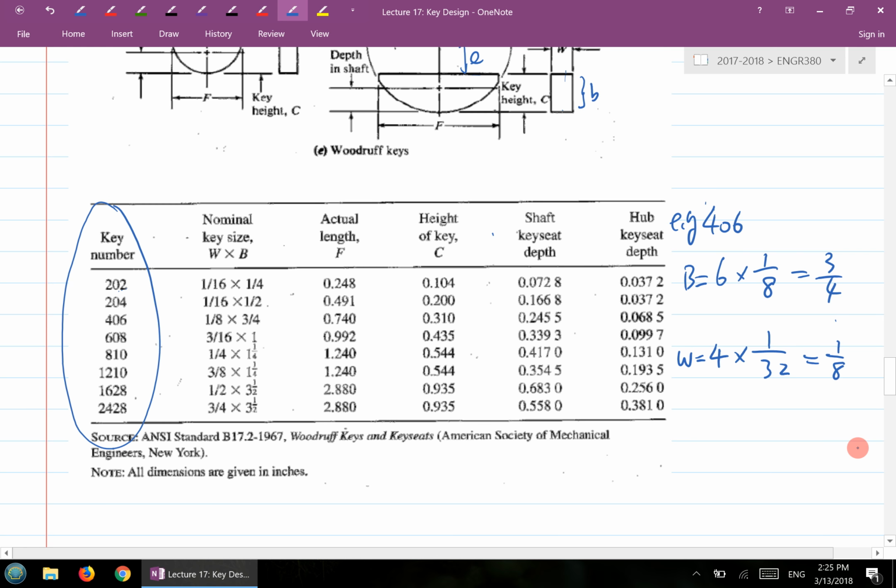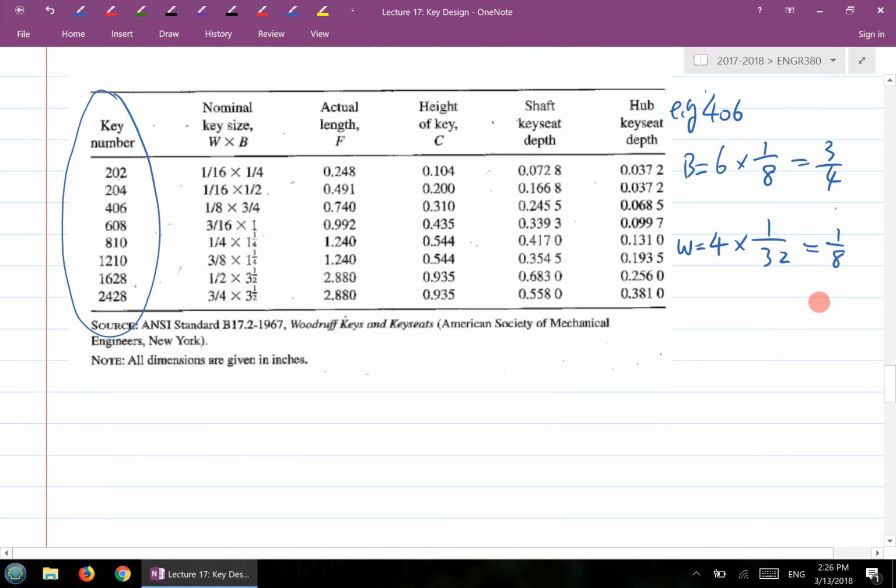That's how, instead of spelling out W and B, by just speaking the key number you can get the W value and the B value. Okay, so that's the Woodruff key part, how you can interpret tables for the Woodruff key.